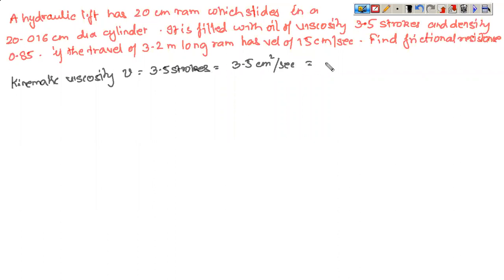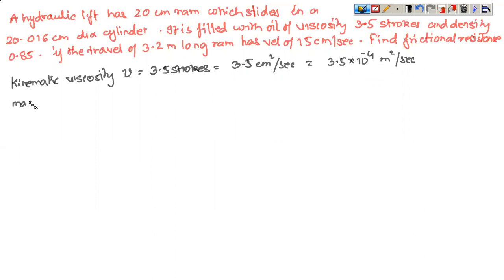So if you convert it into meter square, this is 3.5 into 10 to the power minus 4 meter square per second. ये -4 से क्यों मल्टीप्लाई किया? क्योंकि सेंटीमीटर स्क्वायर को मीटर स्क्वायर में कन्वर्ट करोगे तो 10 to the power 2 centimeter is equal to 1 मीटर. तो 10 to the power -4 से मल्टीप्लाई होगा तब ये मीटर स्क्वायर में कन्वर्ट हो जाएगा.